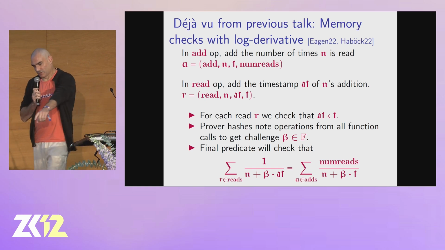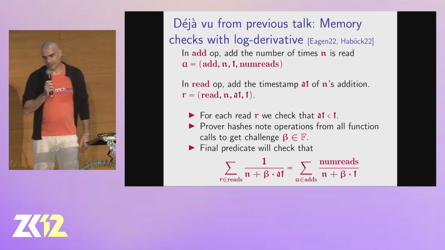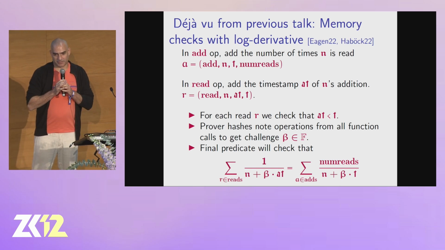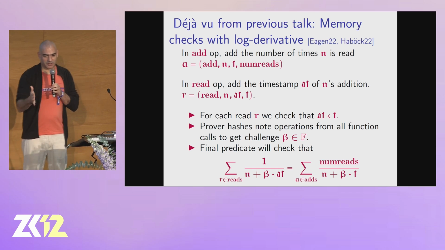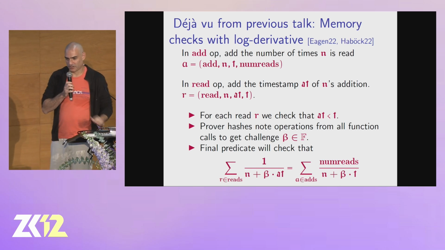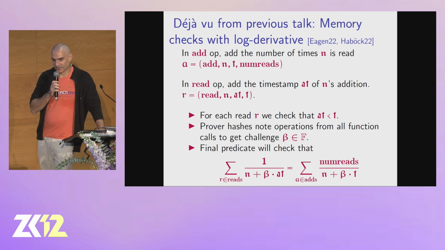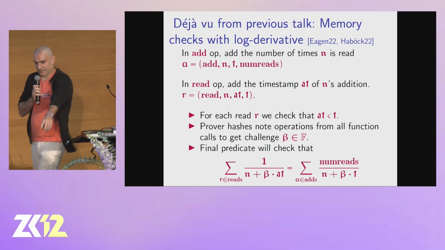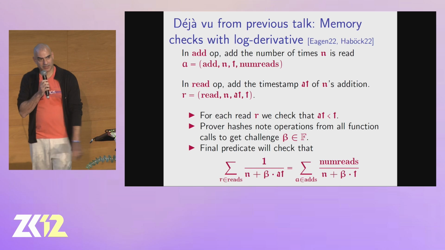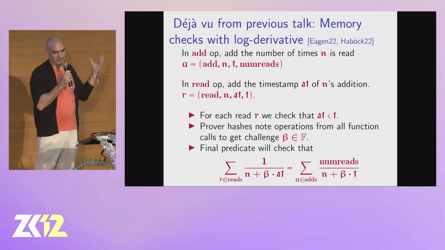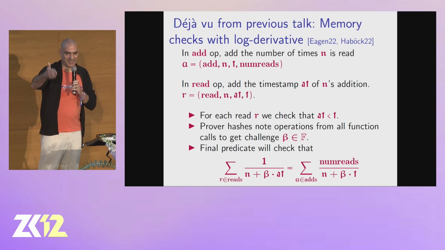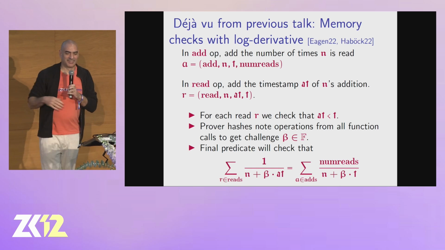So this check, AT smaller than T, checks that if this note is legit, the timestamp of addition is smaller as needed. But it could be that when I have this read of n at AT, there actually is not going to be an add operation for n at AT.